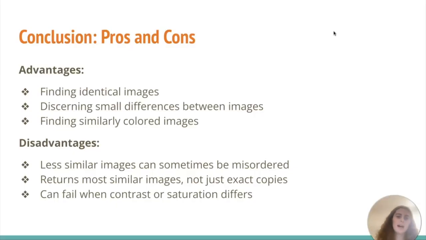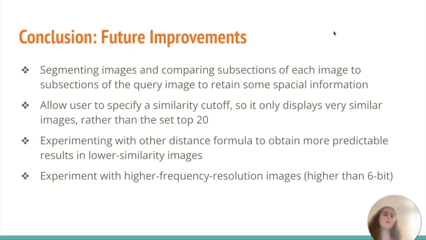The other issue is that if you have images that have different contrast or different saturation in your query image, they can sometimes give false negatives or false positives when they're retrieved. So in terms of future improvements, one major disadvantage of color-based CBIR programs in general is that they don't include any spatial resolution.